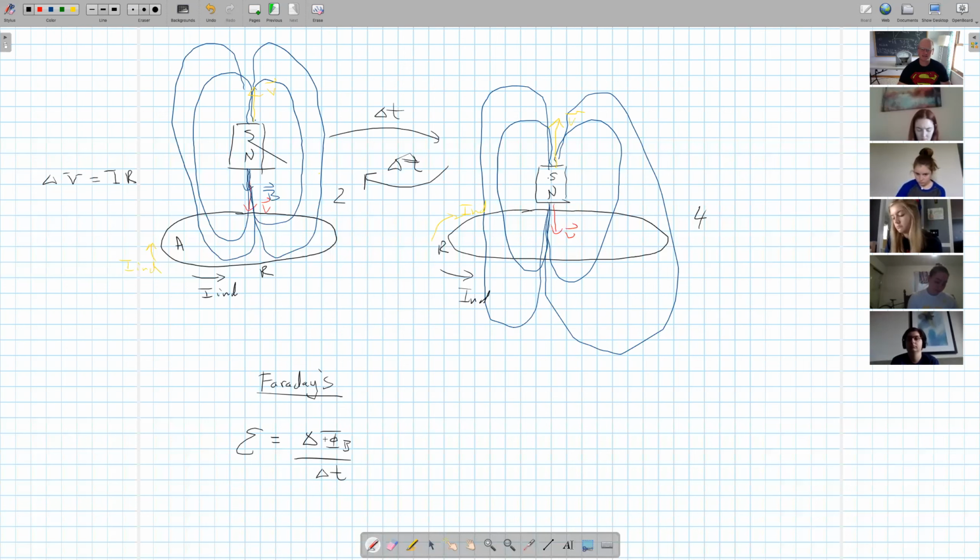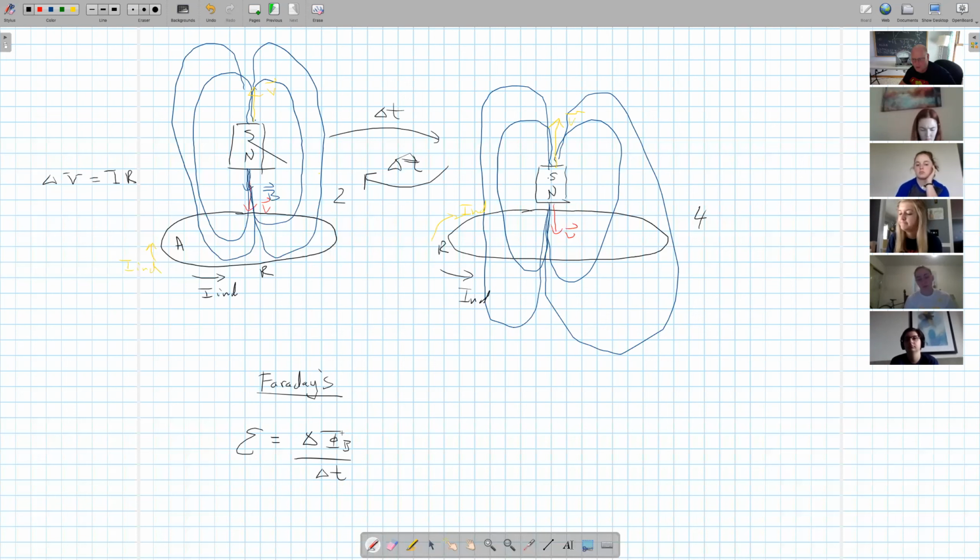Because it's not just the fact that we have a flux. If I simply put this coil inside of this external magnetic field and let it sit there, it has a flux, but that flux is not changing with time. The only way to get this thing to induce something is if I move it around and change this flux as I change time.